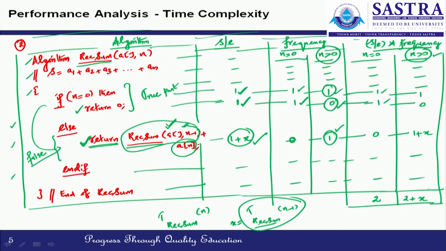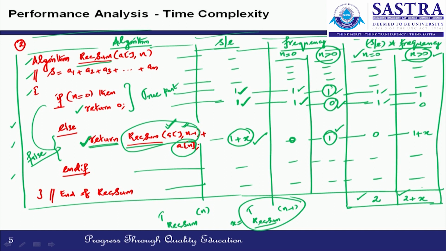So, the last column signifies that at the termination condition, when n becomes 0, the total number of execution steps is 2. When n is not equal to 0 during the recursive call, the total number of execution steps is 2 plus x.